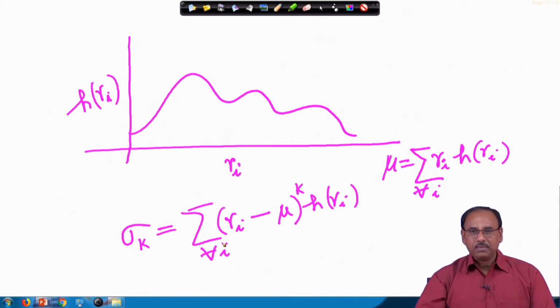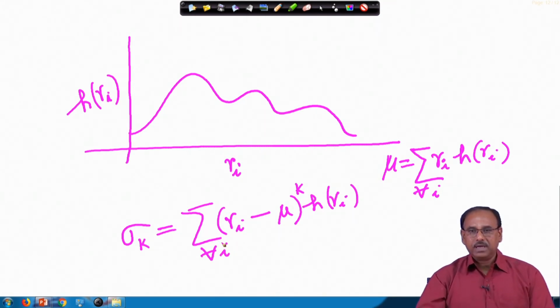And the shape of the histogram, if it is the histogram of an intensity image or black and white image, tells you useful information about the nature of intensity distribution. And if it is for a color image, obviously I have to compute this histogram for all 3 components, the red component, green component and blue component.